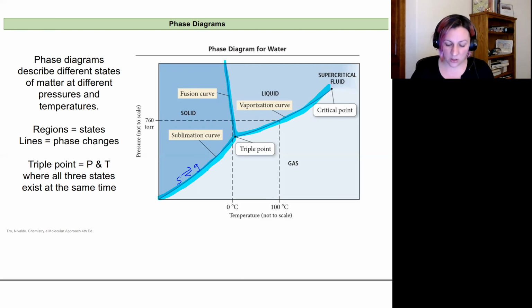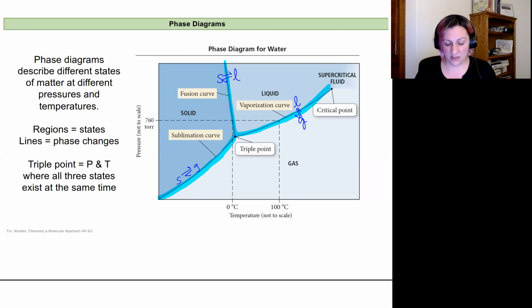We have our fusion curve. This is really melting, right? So this is a solid going to a liquid. And then we also have our vaporization curve, which is our liquid becoming a gas.